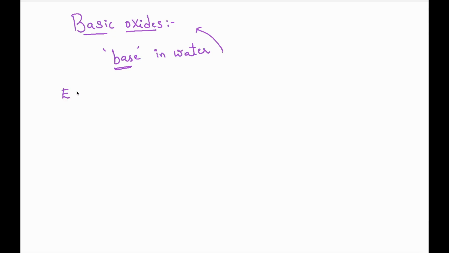Now some best examples of basic oxides include sodium oxide and calcium oxide. Sodium oxide and calcium oxide are two very good examples of basic oxides.